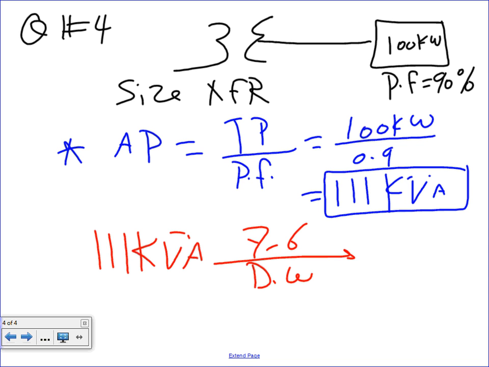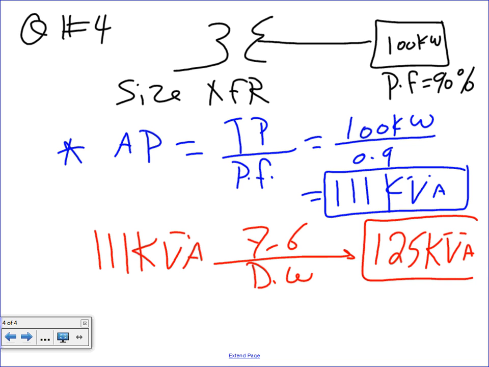What's my next after 100? 125. So my next standard is 125 kVA transformer that's going to feed this load or this building. Any question, guys?